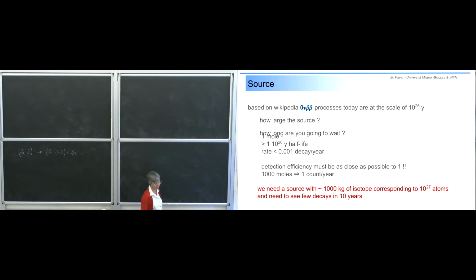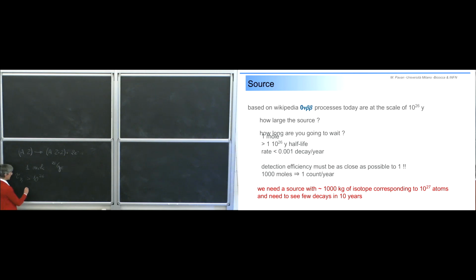Okay, let's do this exercise. If you have 1 mole, let's take germanium-76 as our candidate. And now we know that the half-life is larger than 10 to the 26.